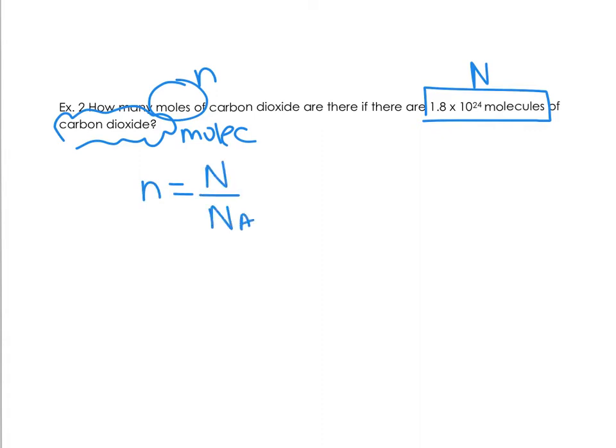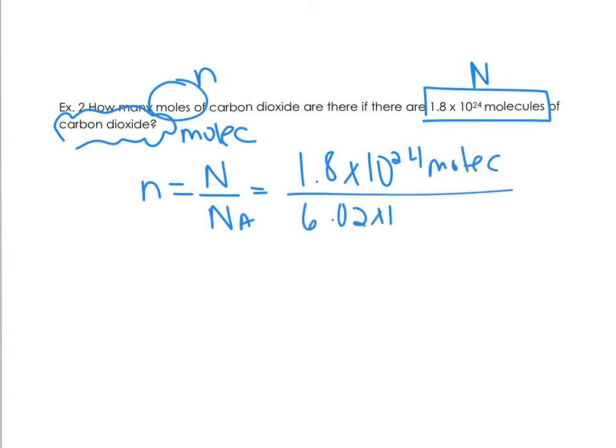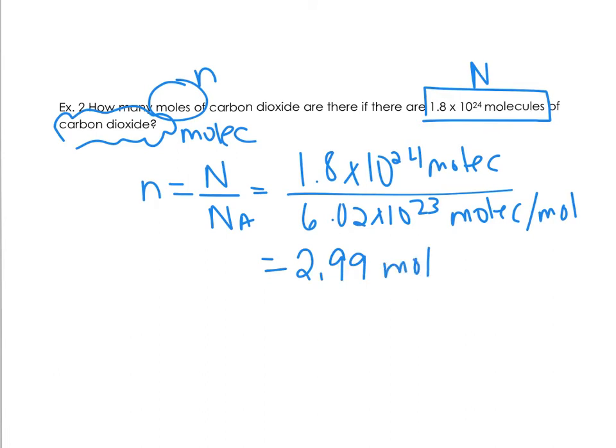So we want to find moles. So it's N divided by Na, rearranging our equation. So this is 1.8 times 10 to the 24 molecules divided by 6.02 times 10 to the 23 molecules per mole. So this is 2.99 moles.